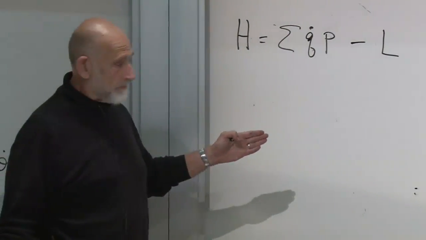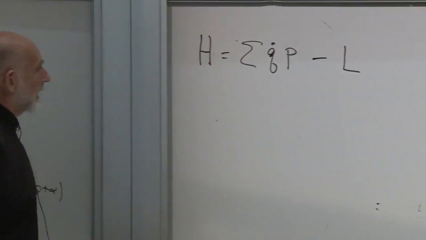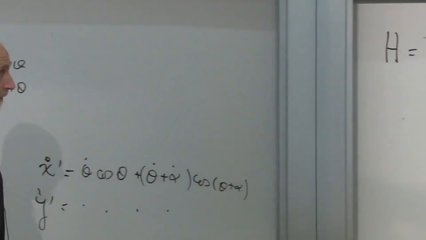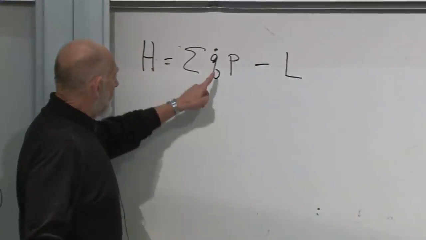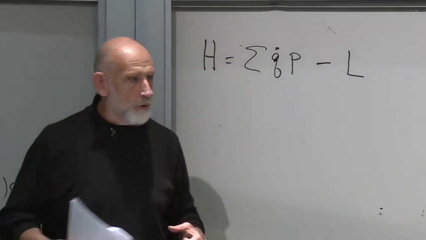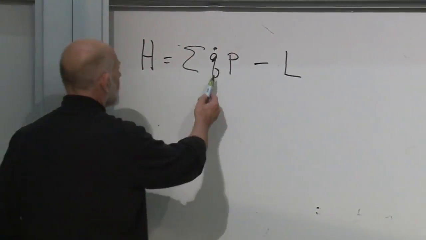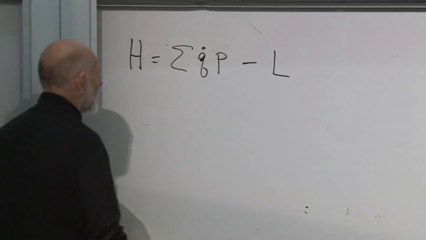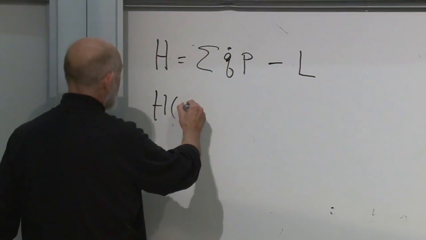I'm not going to do it again. It's the conserved energy, and it's the Hamiltonian. Okay. Now I want you to think in the back of your mind that q dot can always be re-expressed in terms of the q's and p's. So think of this Hamiltonian not as a function of q dot, p and q, but think of it as just a function of p and q.